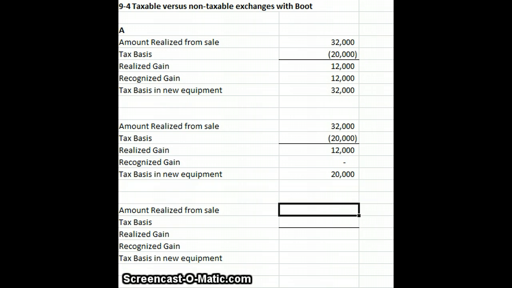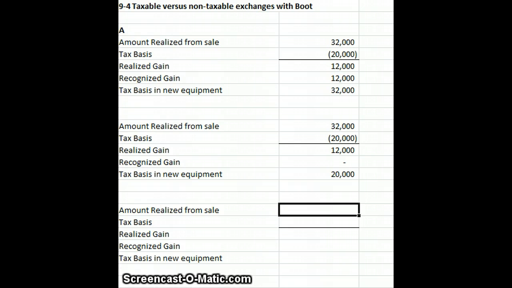In Part C then, our old asset and new asset are not qualified property for non-taxable exchange purposes. To equalize the values, Firm A had to pay $1,700 of cash, or boot, to the other party.